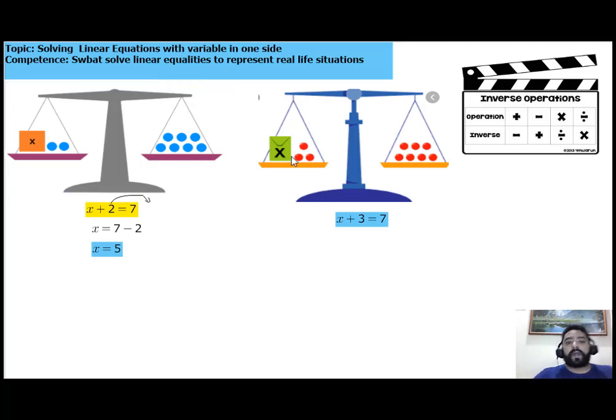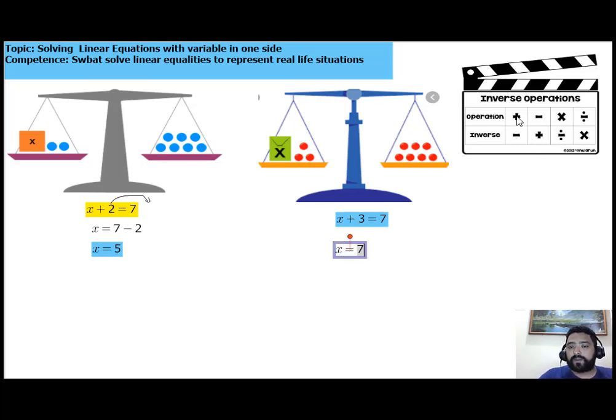In the second one we have x plus 3 equals 7, which is the equation that represents this model. So what do we have to do? Apply the inverse operation with a positive 3. The first step is to copy the variable x here, and then we apply the inverse operation with a positive 3. x is going to be 7, and in this case the 3 is positive.